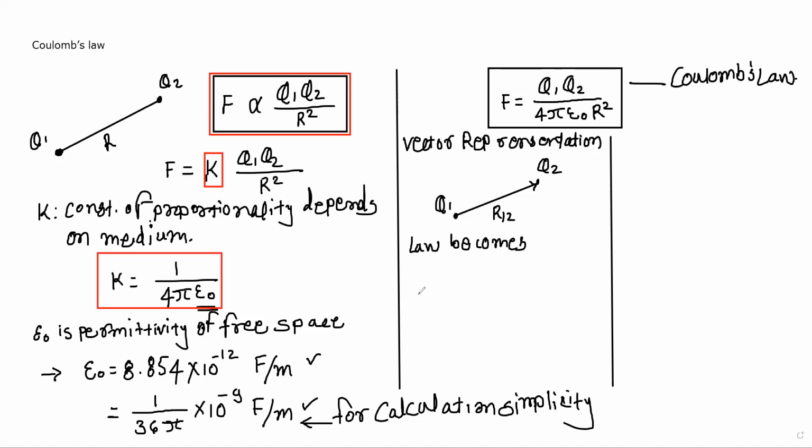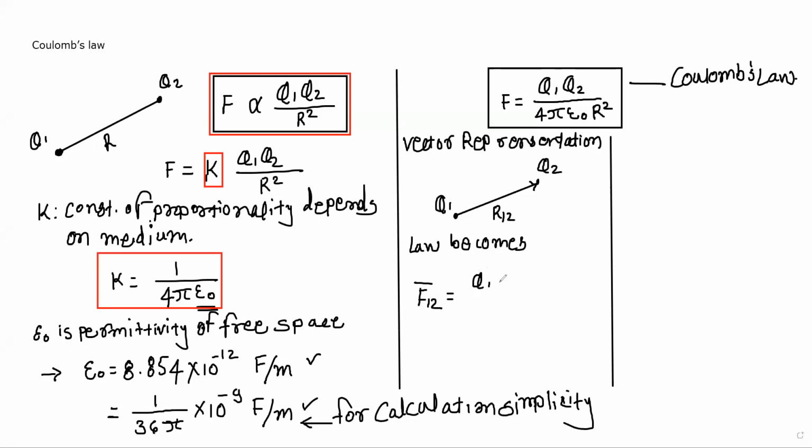Now this law gives you the force on Q2 because of Q1, and we will call it F12. F12 bar is the force on Q2 because of Q1.